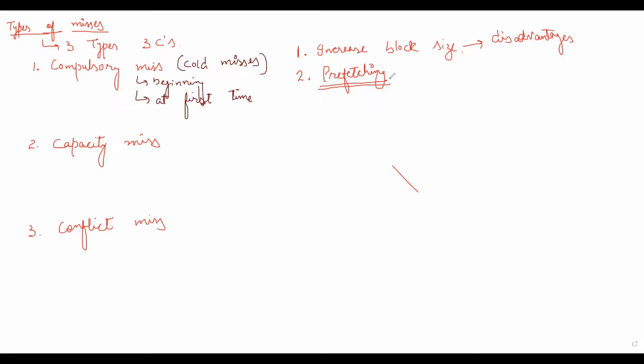For example, if I need byte 1, how will my computer system know that I will require byte 1 without me sending any address? Because what I am saying here, prefetching means prefetch the data before it is used.